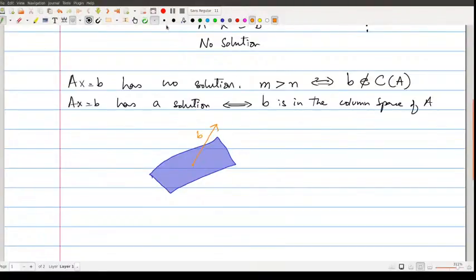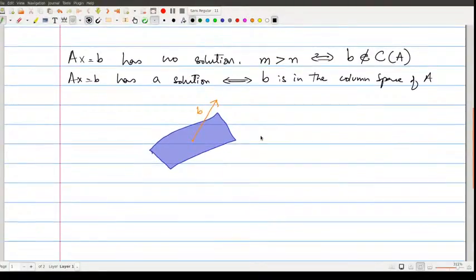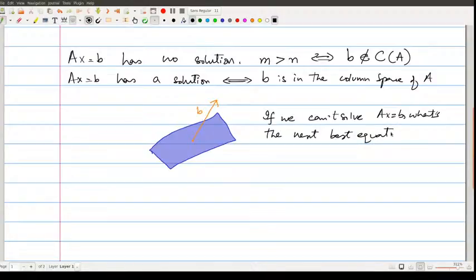So what do we do now? The idea is, if we can't solve Ax = b, what's the next best equation to solve? That's what we're trying to think about.